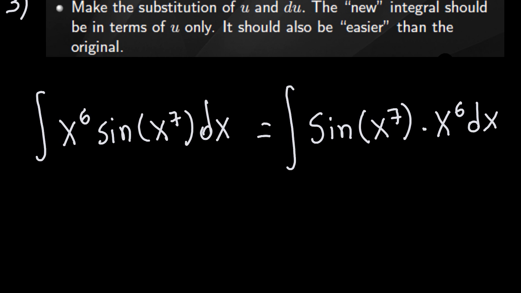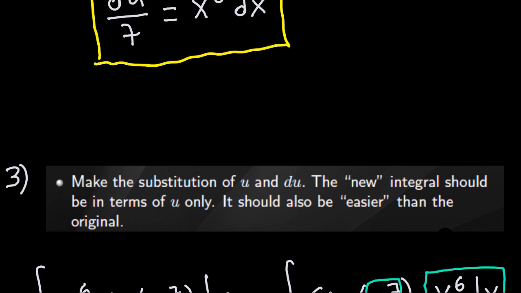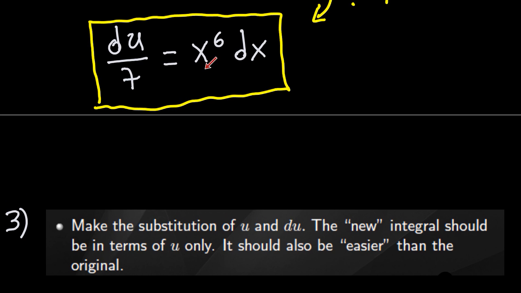Now let's do the substitution. Remember that this guy x to the 7, that's what I'm calling u. And this guy here, x to the 6 dx, that's not du, but if you go back here, x to the 6 dx is du divided by 7.